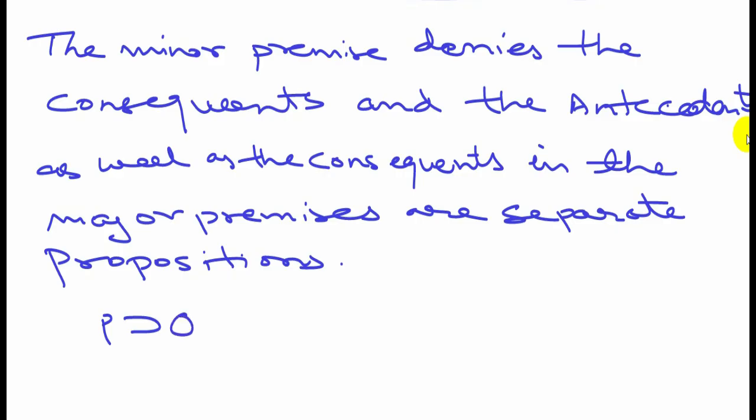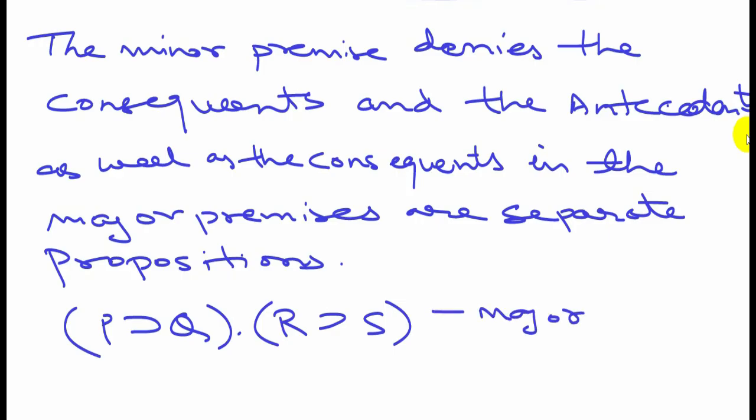P or Q, R or S. P, if P then Q, and if R then S. Then denies. This is the major. What does the minor do? Minor denies the consequence.